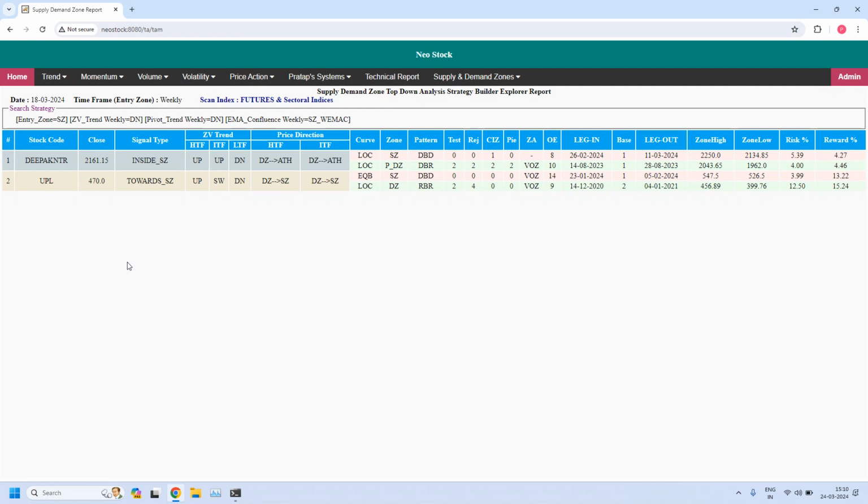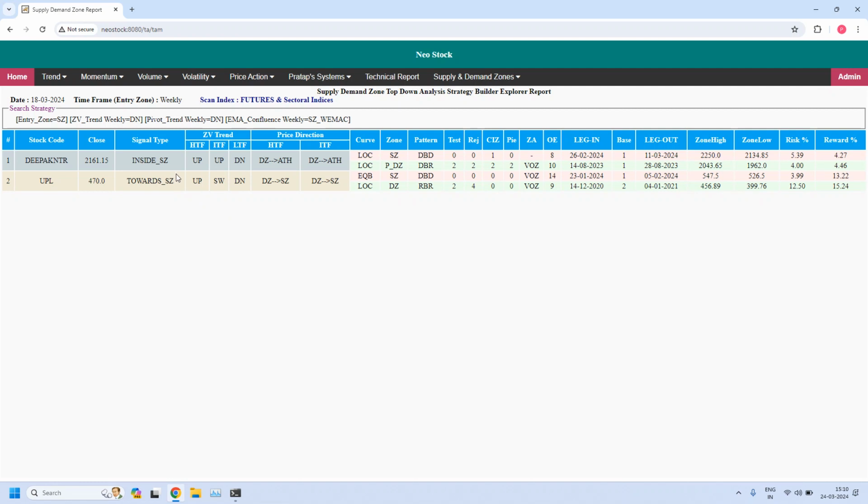Generally, as I told you when explaining EMA confluence, when a zone has EMA confluence, mostly you will use it as a higher time frame zone. Then in the lower time frame you will be planning. See, in the lower time frames, whether any short opportunities are available.